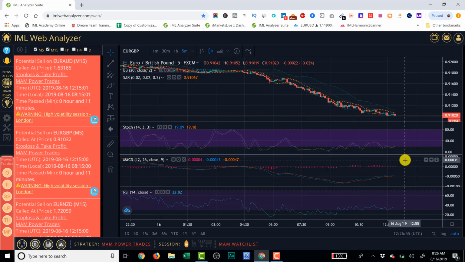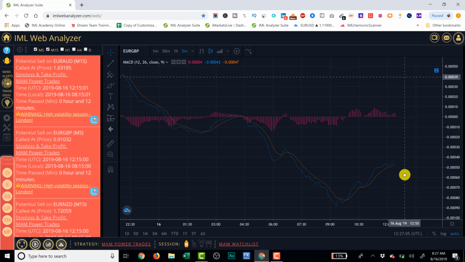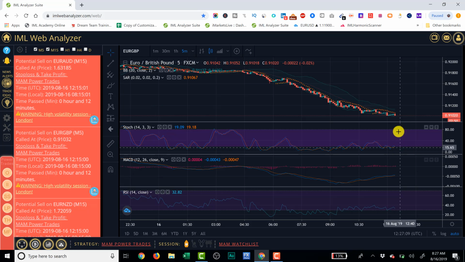So what we're doing, now this is tricky. I got a trade open already for the long term, for the hourly. But we're going to snatch a couple pips real quick. I need that to turn a little bit more. Just a little bit more. And all I want to do is get 3 pips.